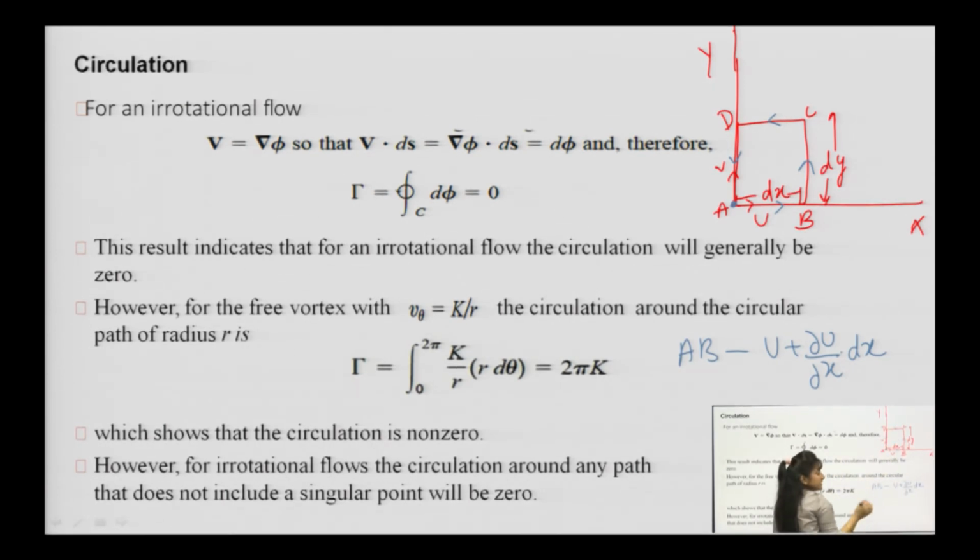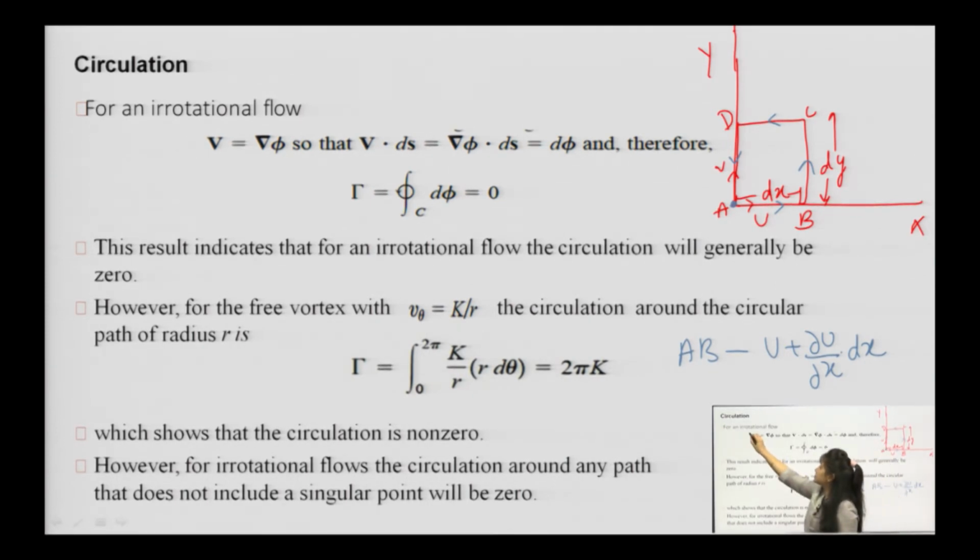Hence, instead of calculating single parameters, we can represent the velocity component as a line integral, and this particular path integral is known as circulation.